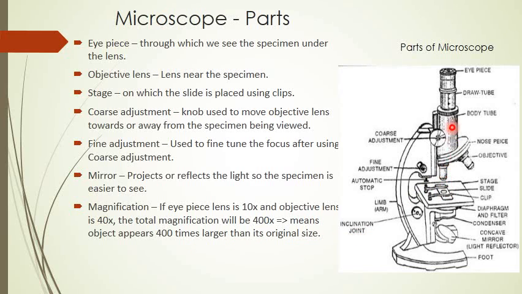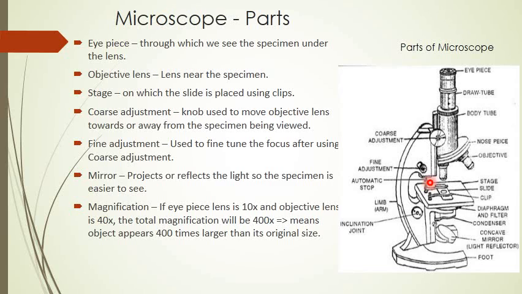The size may be very small, but using such magnifications, it looks that many times larger under the microscope. For example, the eyepiece may be 20x and the objective 10x, so 20x into 10x gives you 200x.